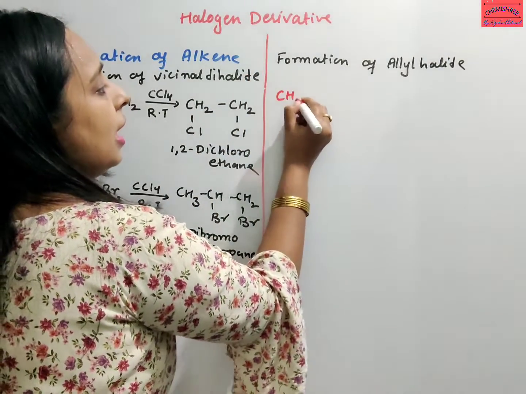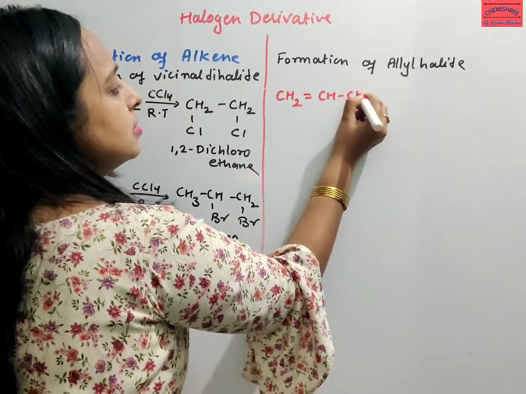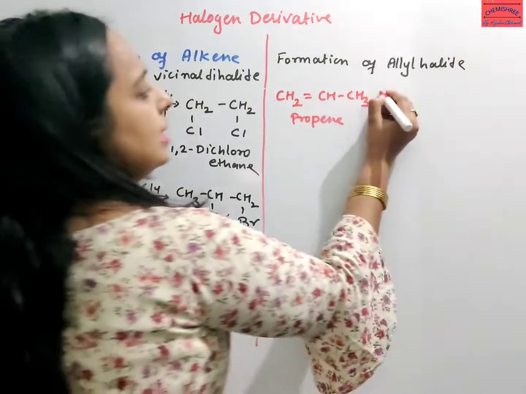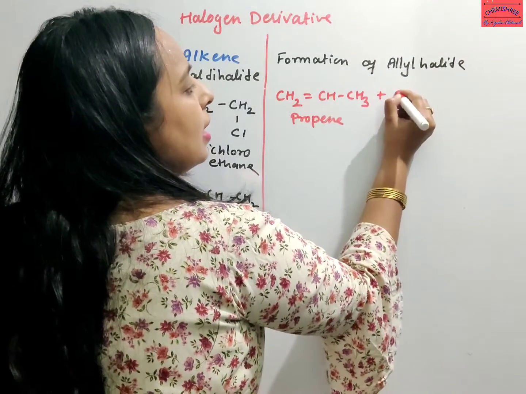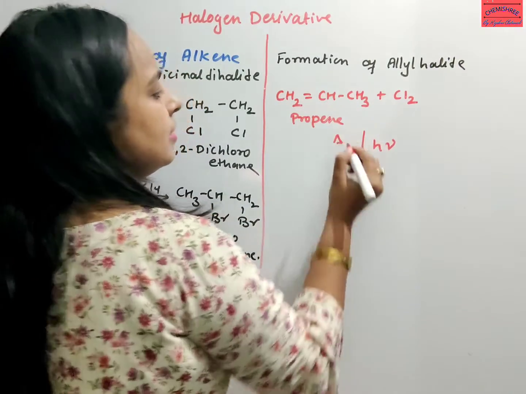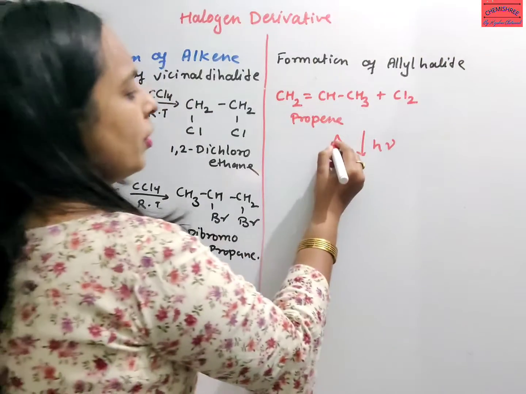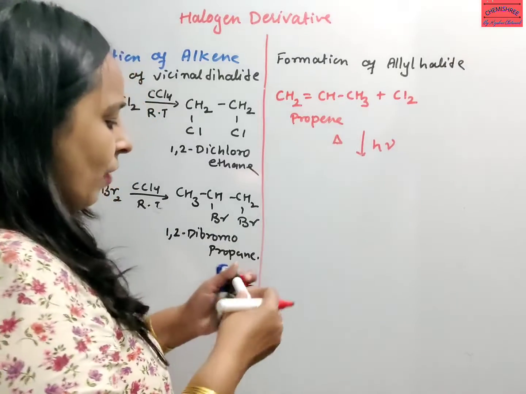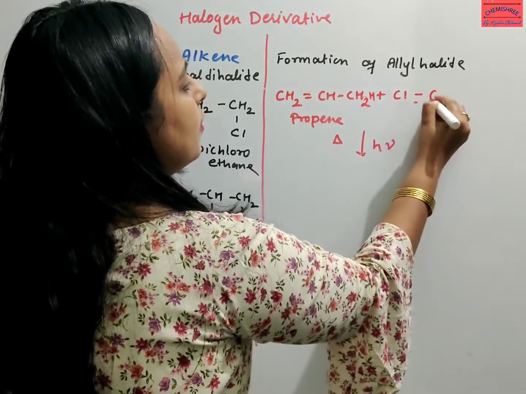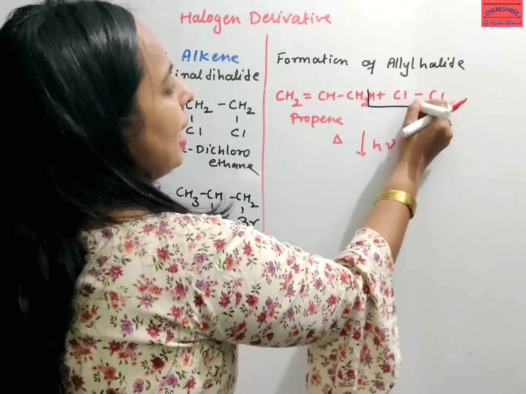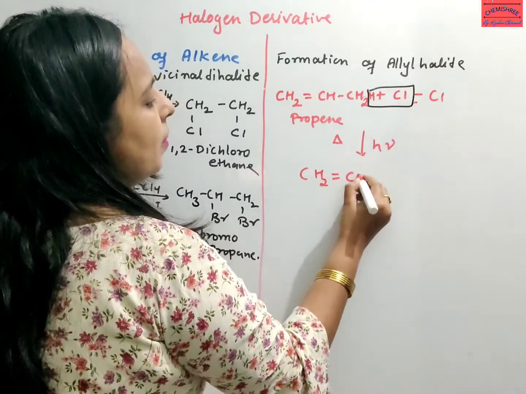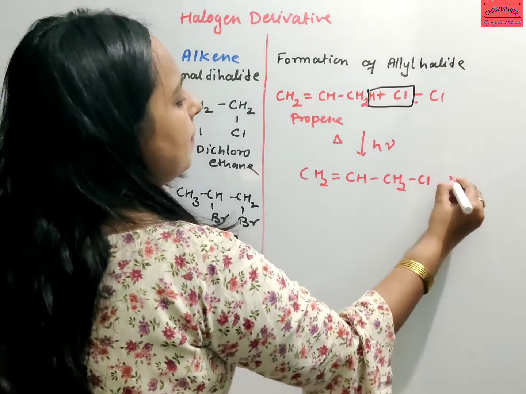When you take alkene like propene and you treat this with chlorine in presence of light, heat, what you will get is there is a removal of HCl from allylic carbon atom and you will get CH2 double bond CH, CH2Cl plus HCl.